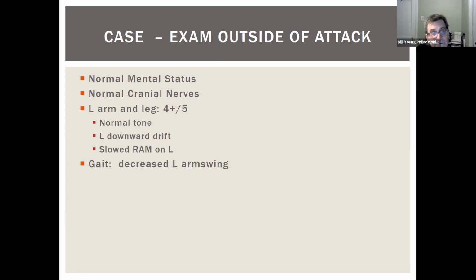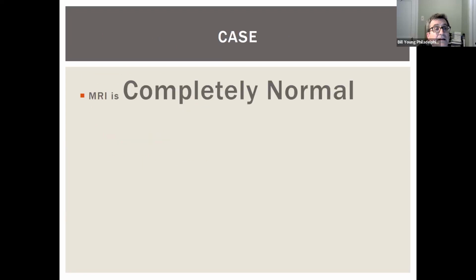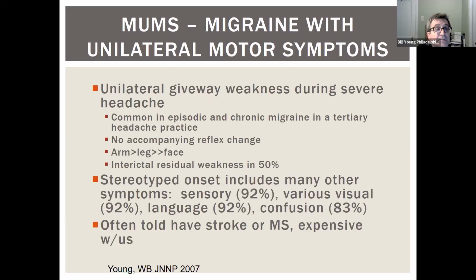But her movements were slow, and her imaging was completely normal. She was one of the ones that made me think that maybe this is not the same thing as hemiplegic migraine. The pain came first, and then the numbness and the weakness were together, simultaneous.